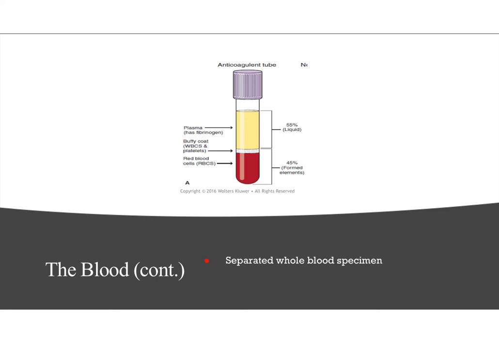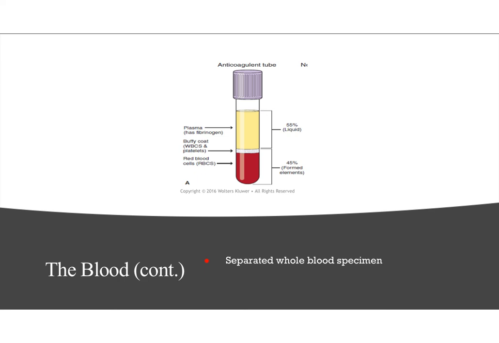Another fact that you need to know is blood is made up of 55% liquid, which is plasma. We'll say whole blood. And 45% formed elements.